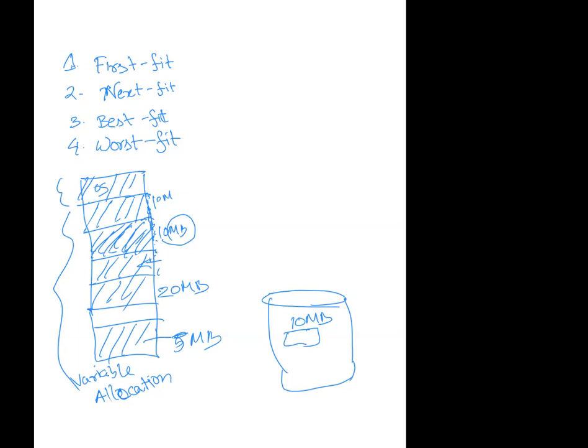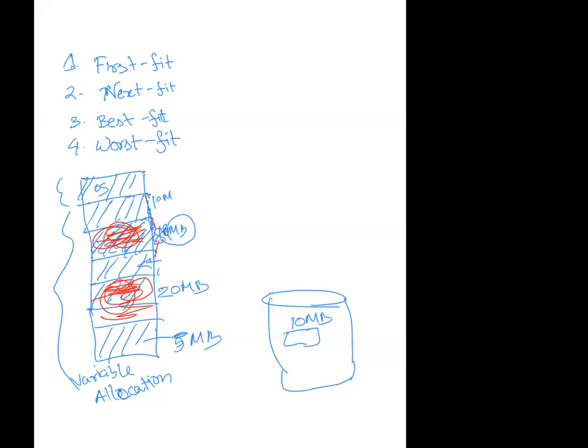Another scenario: let's say this is a 10 MB busy space, and this is busy, and here 20 MB is also busy. Here is an 8 MB free hole, but your process size is 10 MB. So it starts from here, finds a hole of 8 MB, but your process size is 10 MB, so you cannot fit it.